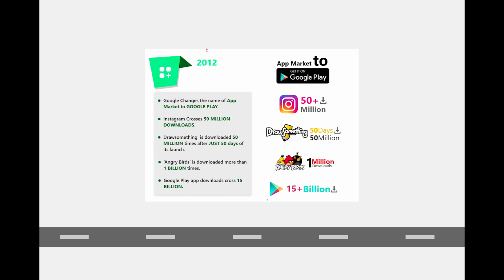So each day it had 1 million downloads on average. Crazy. Angry Birds gets more than 1 billion downloads as well. So at the time, Google Play Store downloads crossed 15 billion.